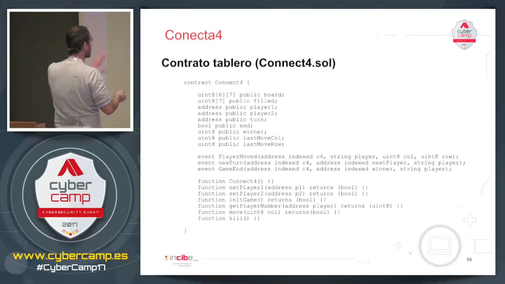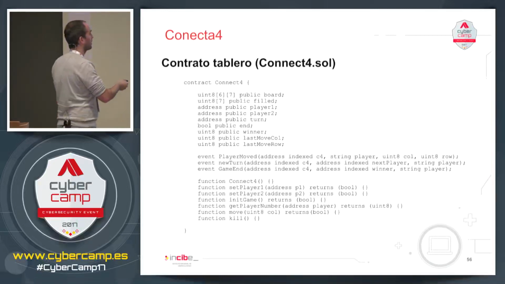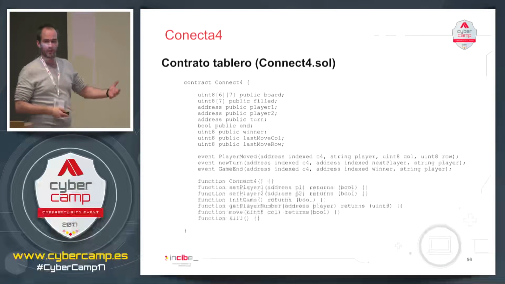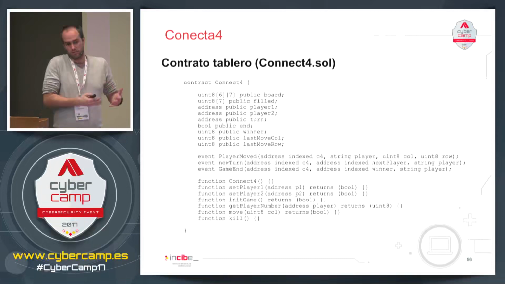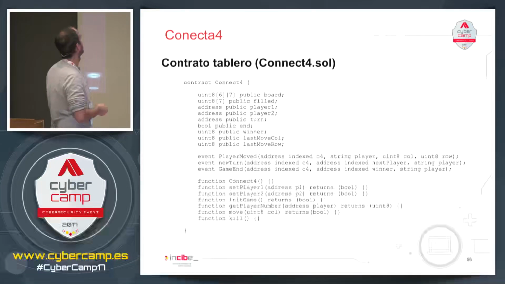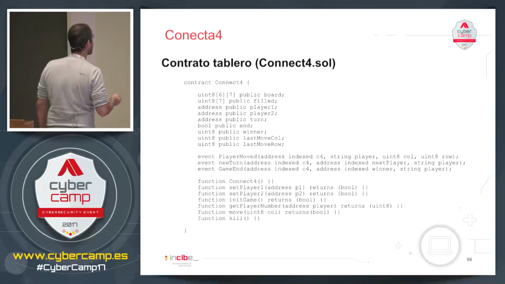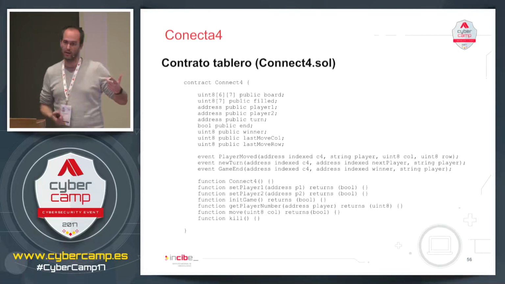More auxiliary variables, events, function connect. There's just a board and player 1 and player 2, who's got now the right to be player one. It depends on the turns that each one takes. Player two, init game, so who starts first?